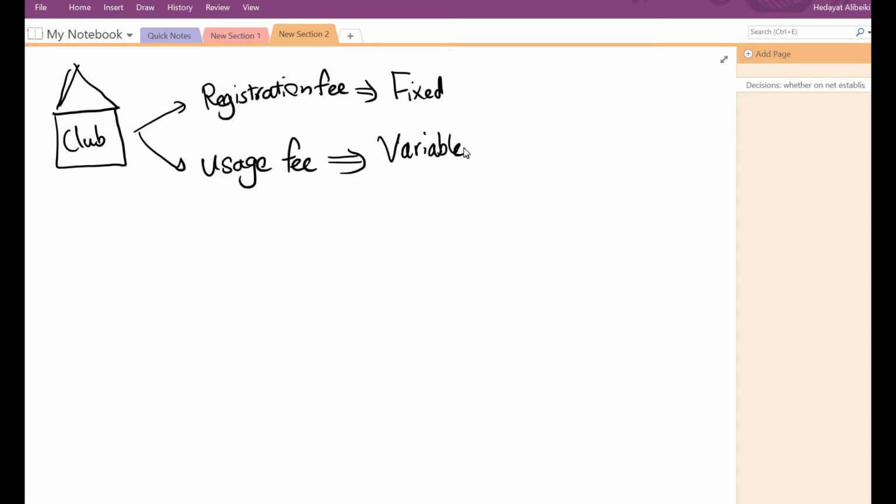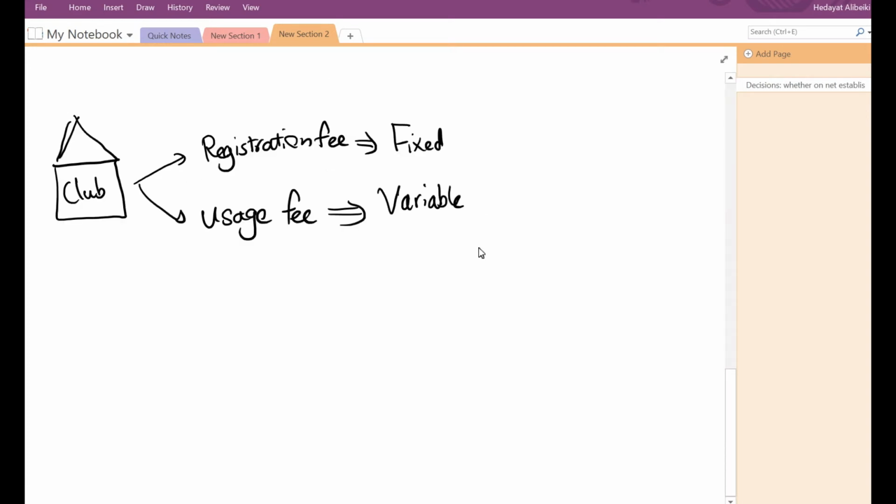So we did a few examples in this course. Sometimes we don't have any fixed costs, but we do have variable costs. If you remember the production planning example that we did in chapter 11, that was an example of this.